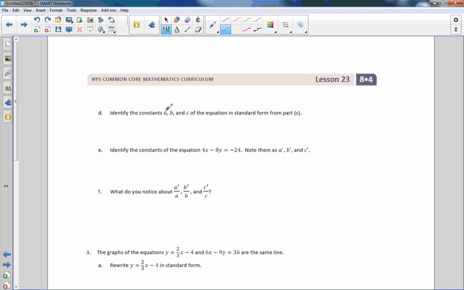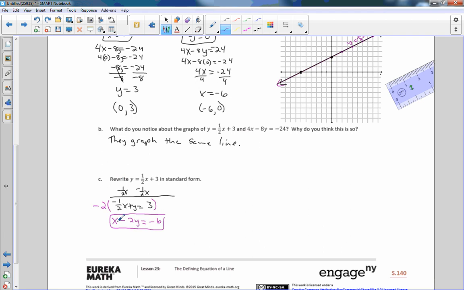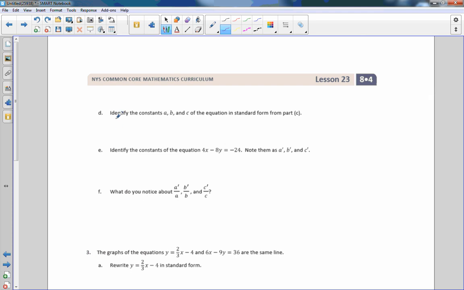Okay, now it says to identify the constants a, b, and c in the equation in standard form in part C. So part C says that a is 1, b is -2, and c is -6. So a equals 1, b equals -2, and c equals -6.